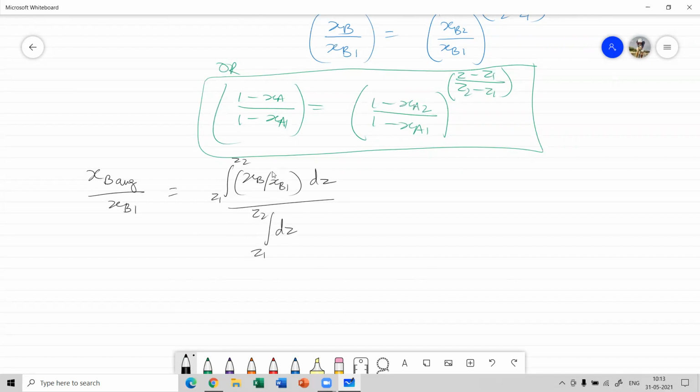The term z minus z1 over z2 minus z1 can be written as a dimensionless term zeta.